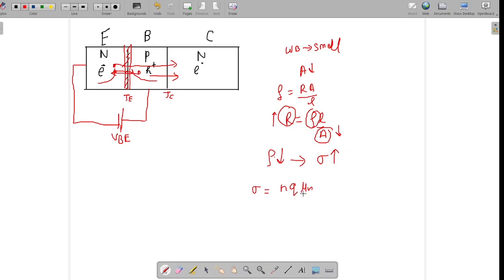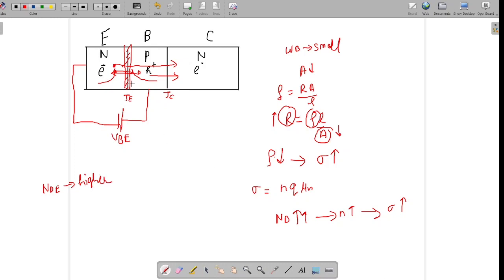Mu n is not appropriate to vary, but we can vary n, the number of electrons. n depends on doping, so if we increase doping, the number of electrons increases, and conductivity increases. So the doping of the emitter has to be high.